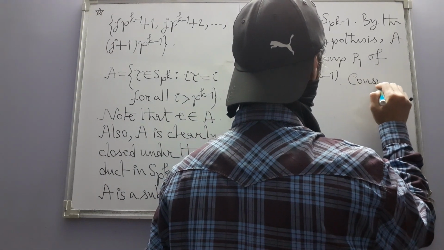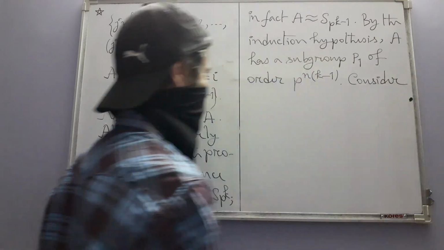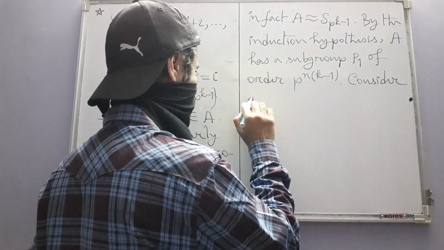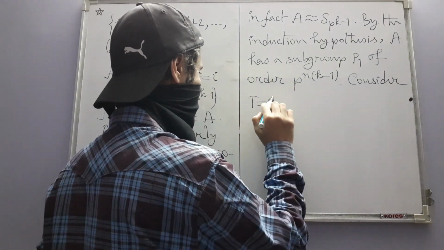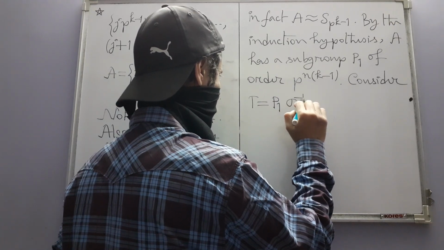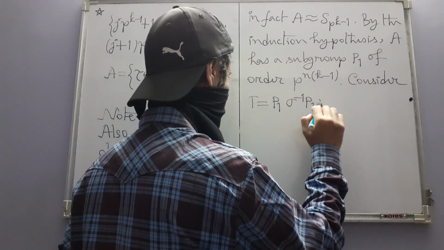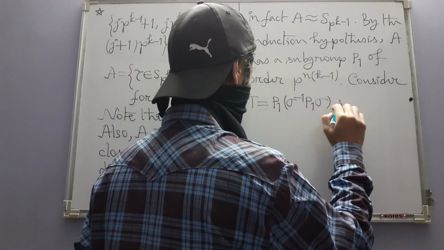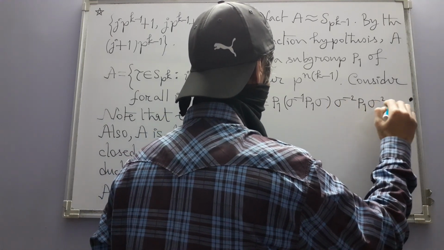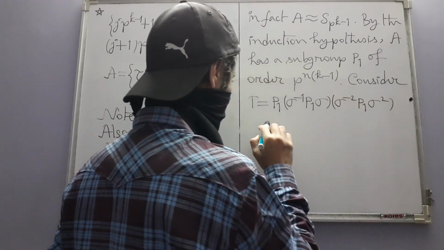Now we should consider this. T, which is P1 times sigma inverse P1 sigma times sigma to the power minus 2 P1 sigma squared, like that.